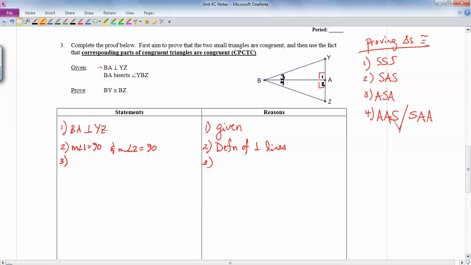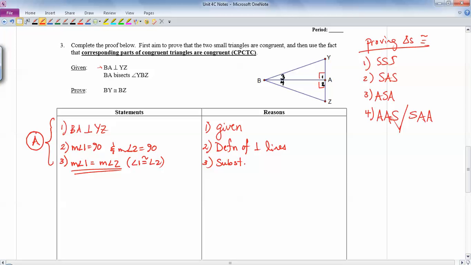Then since they're both 90, you can say measurement of 1 equals measurement of 2 because of substitution. Or you could just say angle 1 is congruent to angle 2. So if you look at these three steps together, they give us a pair of angles, right? Angle 1 and angle 2 matched up.